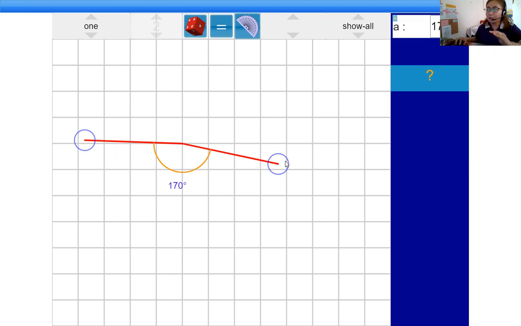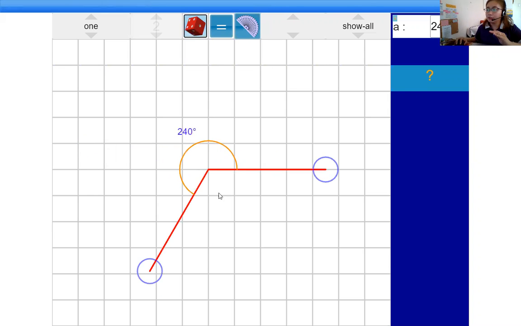Say, for example, I have this kind of angle. Let's say we have 60 degrees.